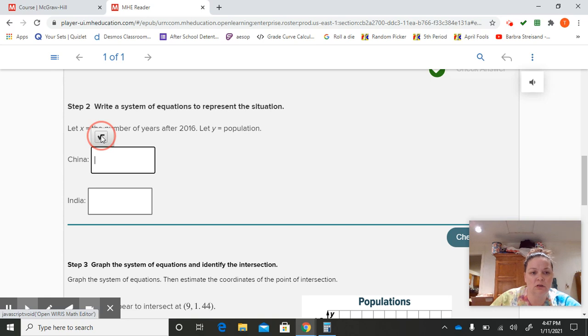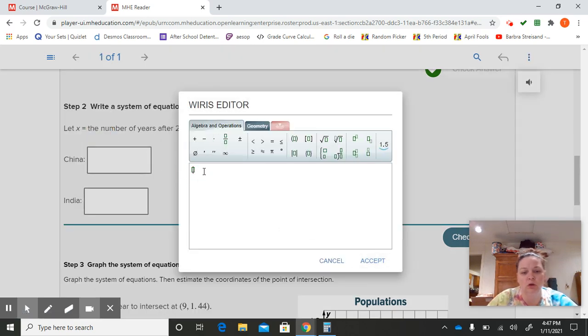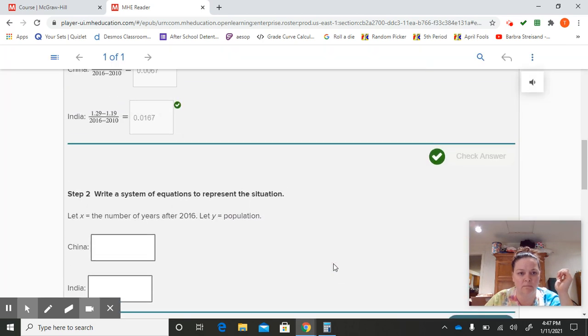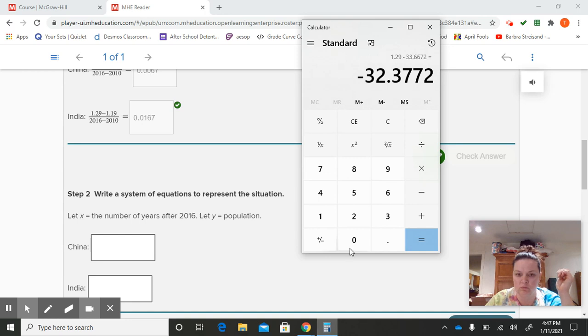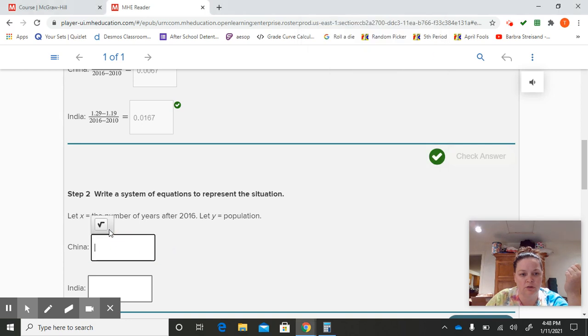So we've got y equals 0.0067. I don't know if I put enough zeros in this one. Okay, I didn't write down enough zeros on my paper, but I put enough zeros in the calculator, so I do have the correct number.